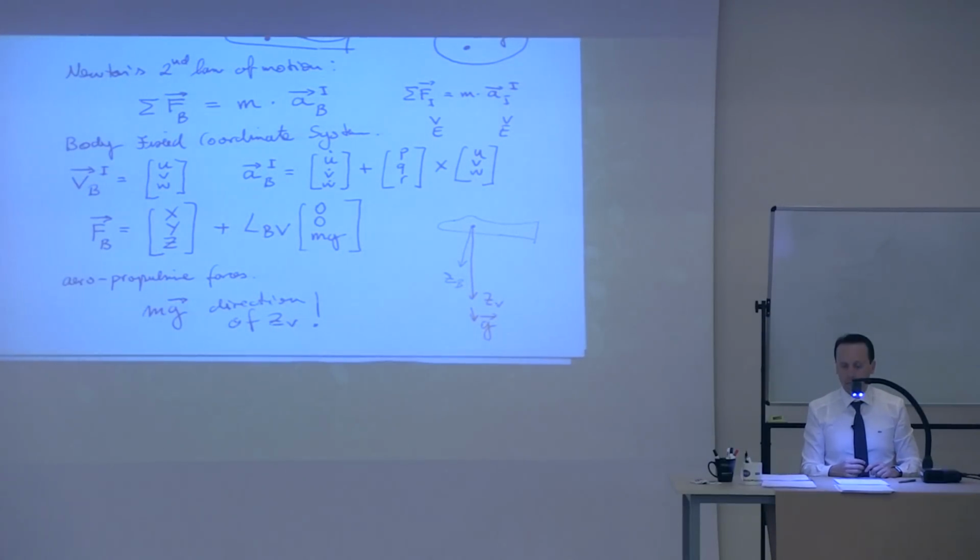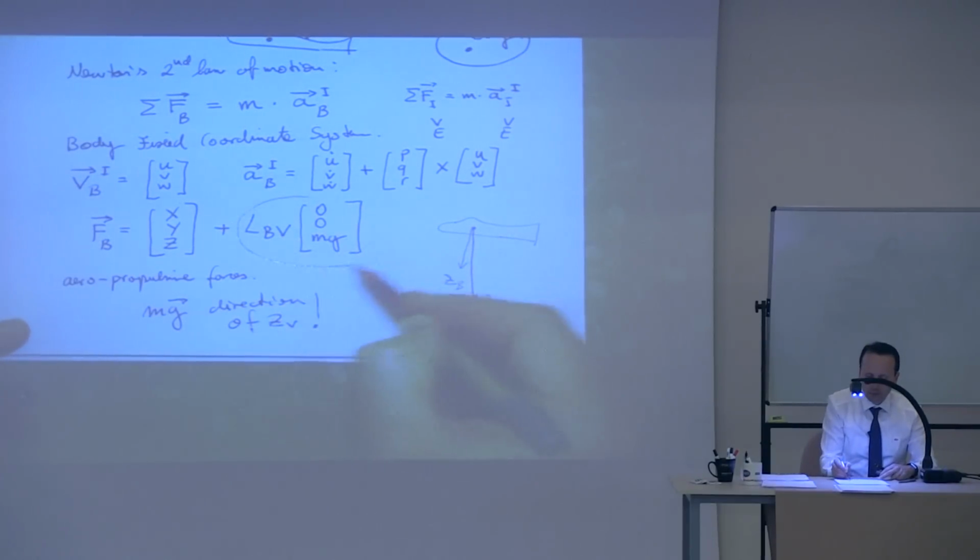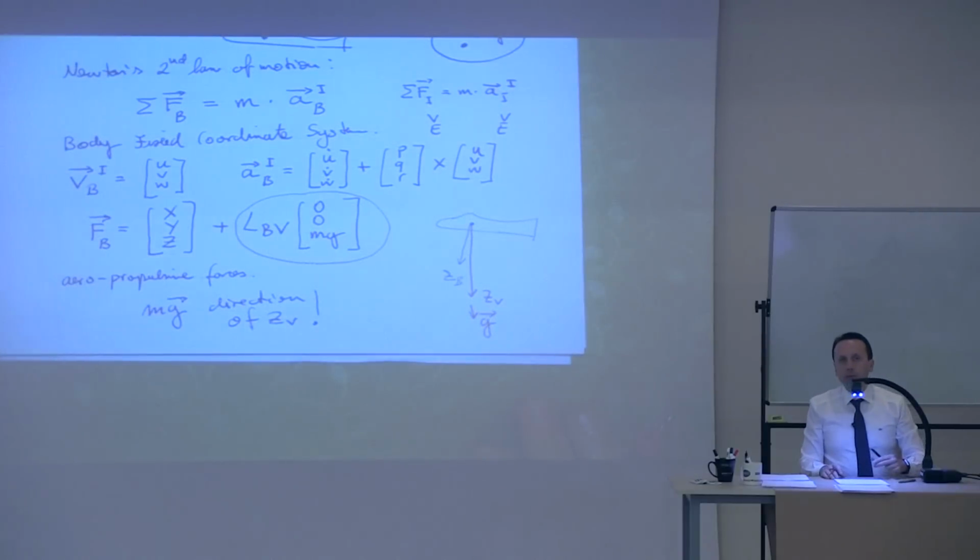Yes or no? Okay, so since the gravity is in the ZV, I'm making a small rotation. I don't know which way. I mean, if there's a roll, there's more rotation, right? If there is a pitch, there will be some rotation. And this is a transformation matrix from the vehicle to the body. So this vector in total here will represent the weight vector written in the body fixed coordinate system.